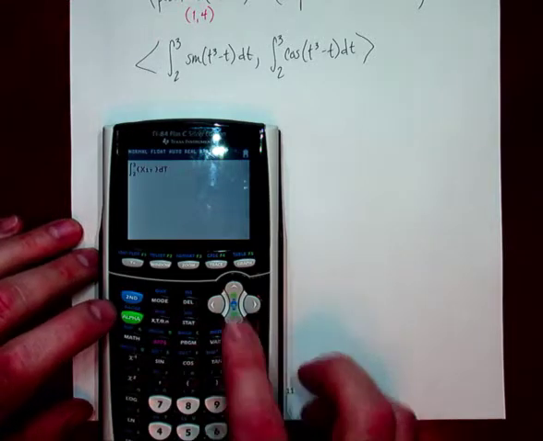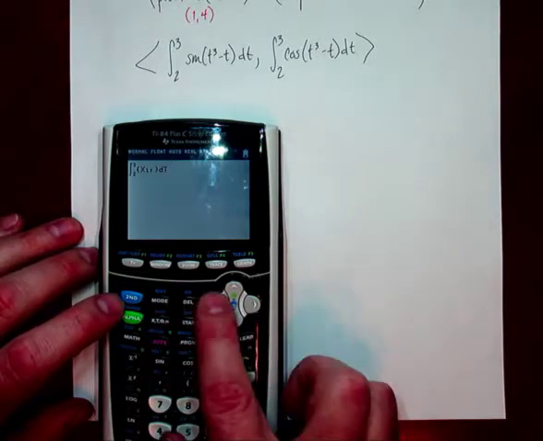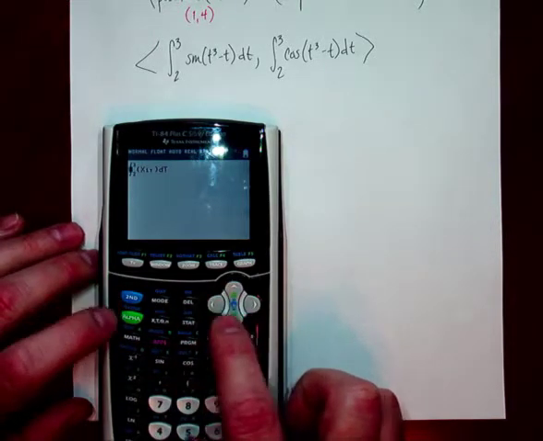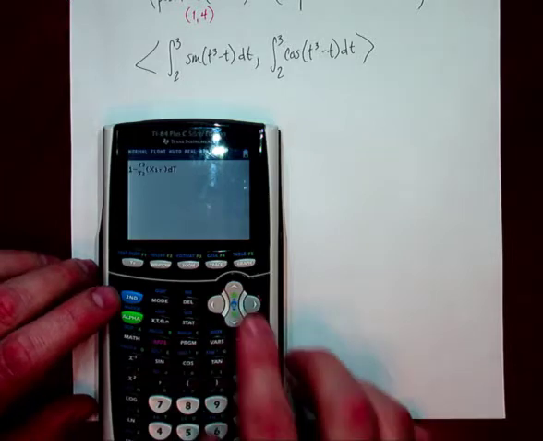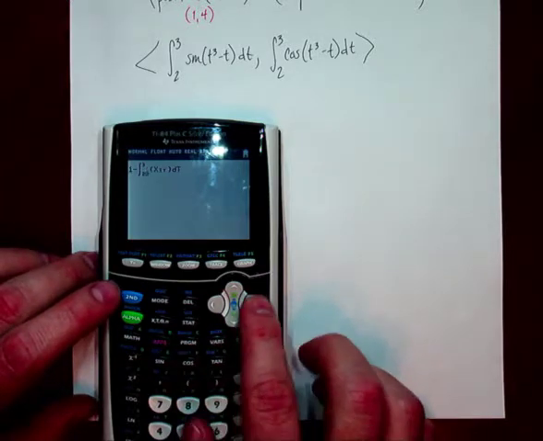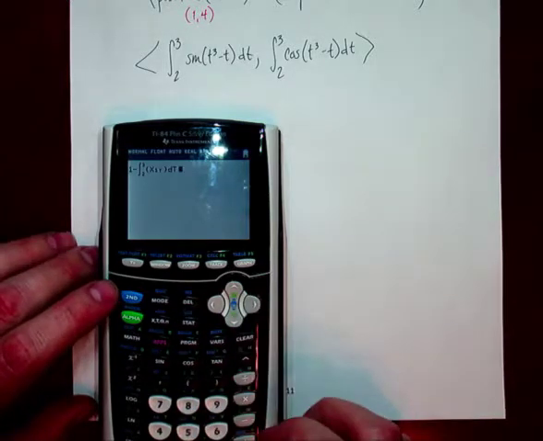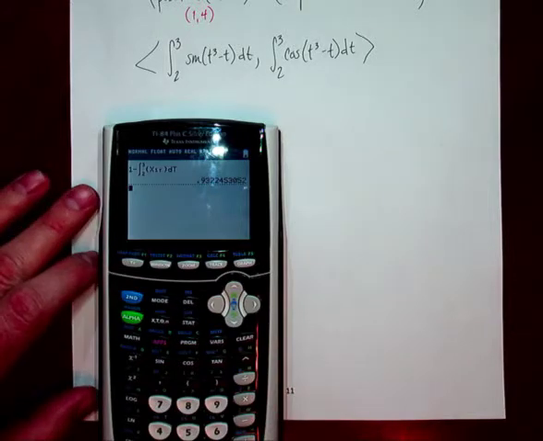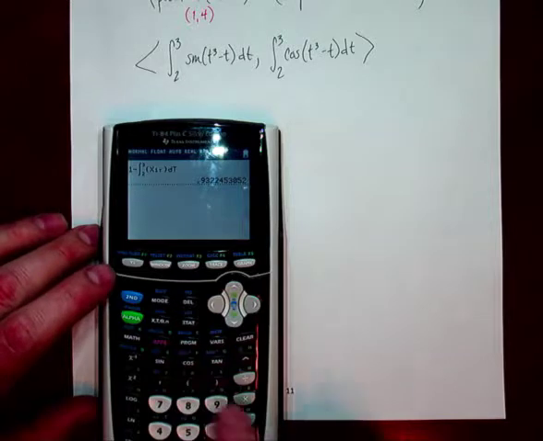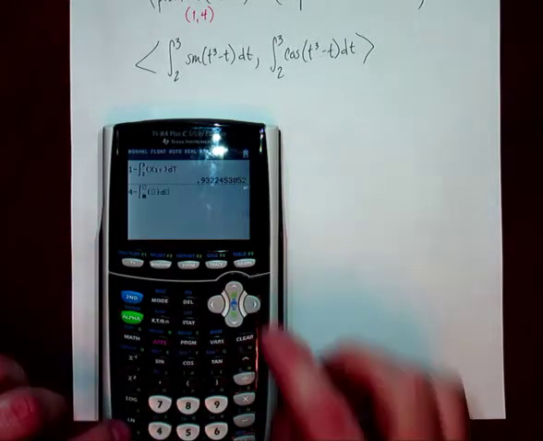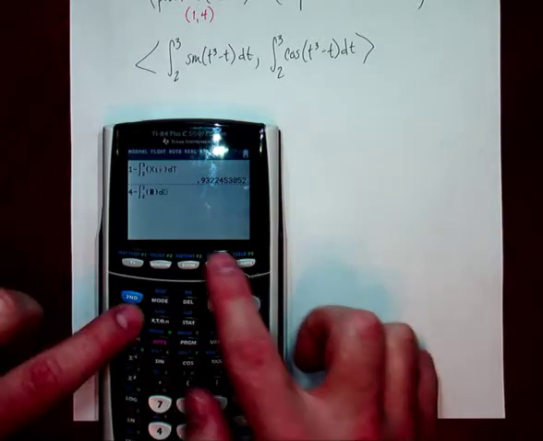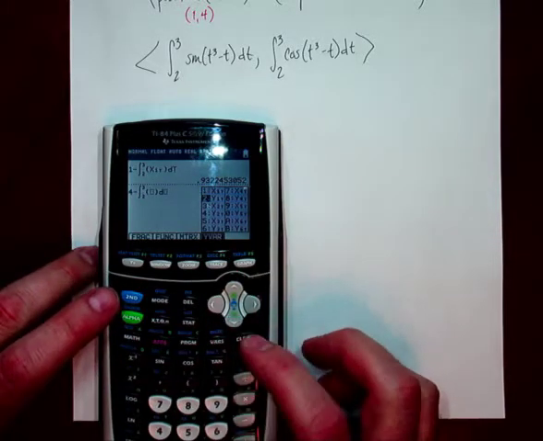Now, what I could have done to make it a little bit easier is go back here and insert 1 minus. That actually would have helped me out a whole lot. And I get 0.932. And then the next one, I can do 4 minus the integral from 2 to 3 of y1.